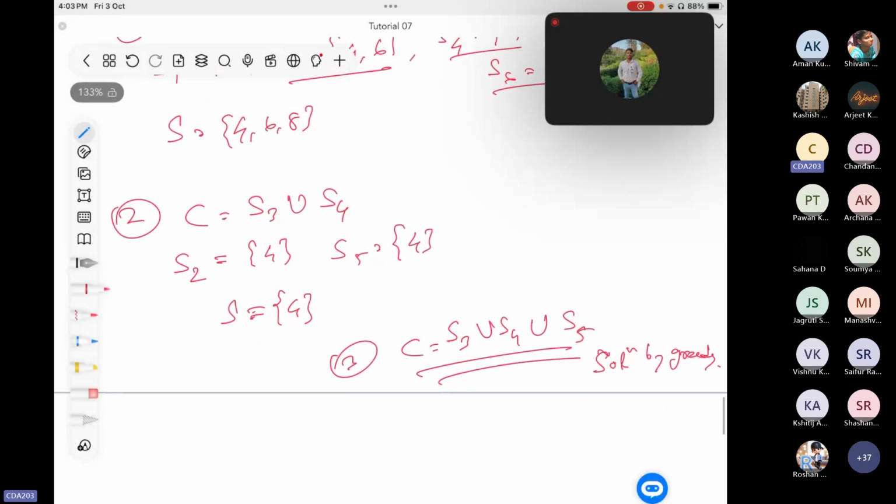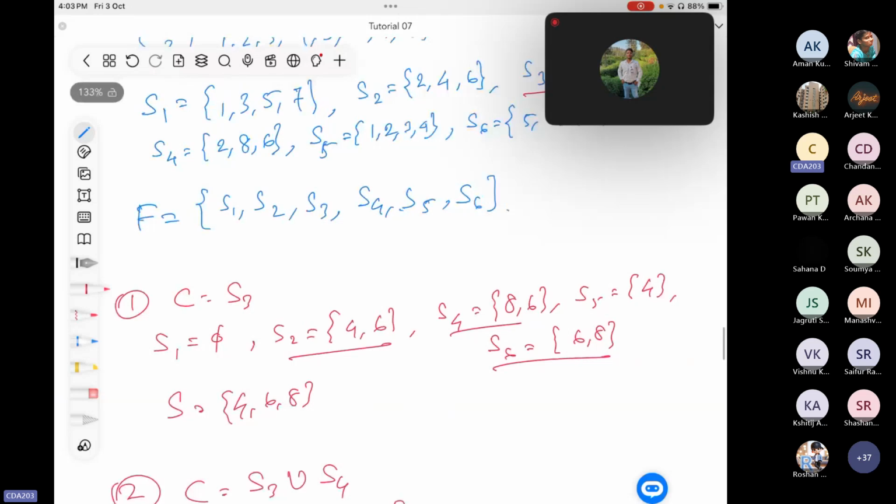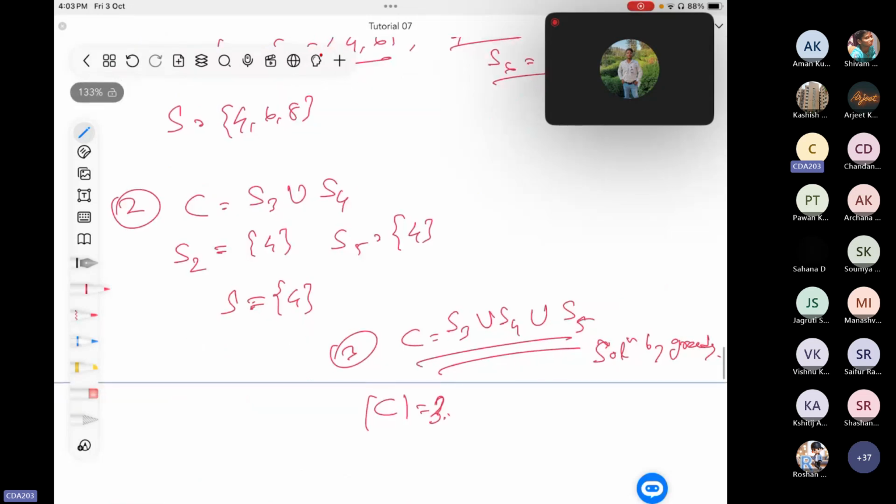Okay, but this is not the optimal. So here the size of C is 3, but clearly this is not the optimal. Actually, I should not be writing it like this. There is a notational problem.